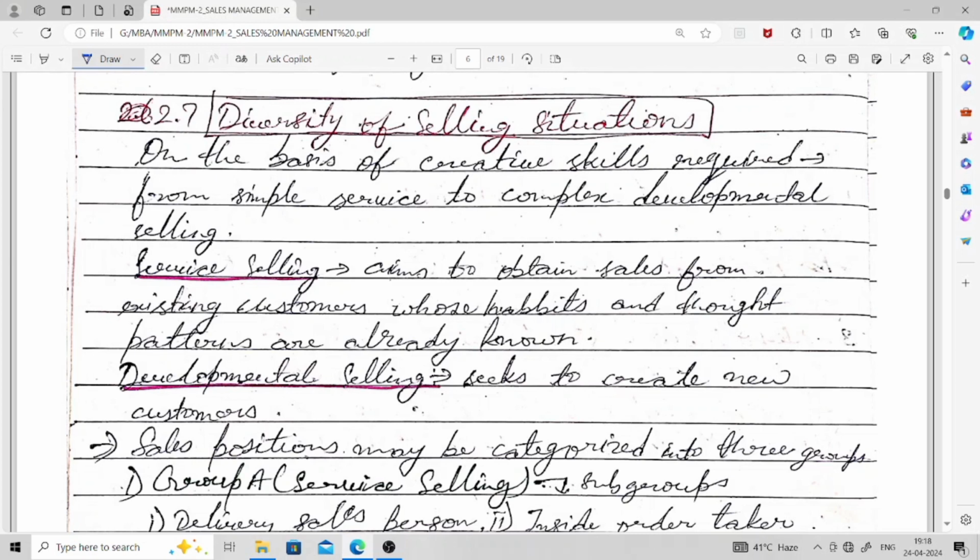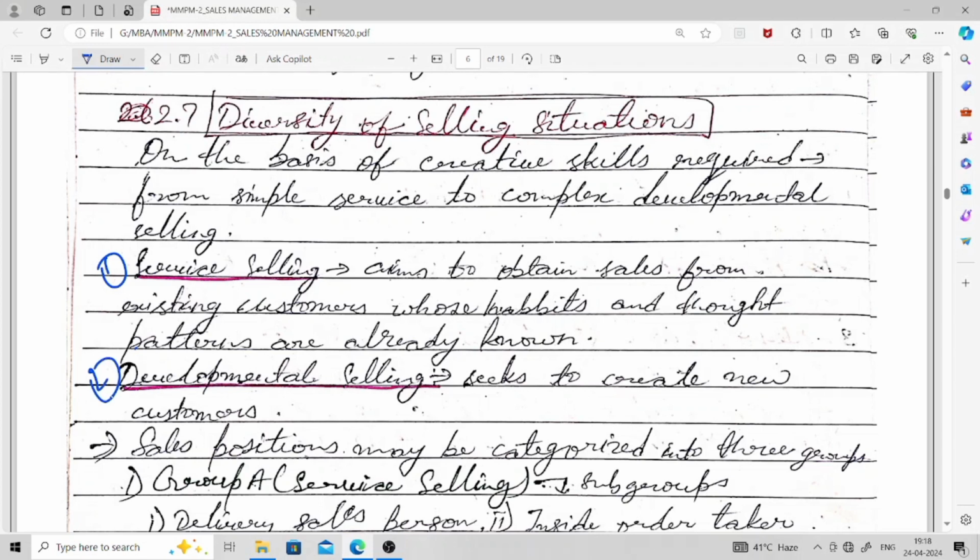The first is service selling, which aims to obtain sales from existing customers, whose habits and thought patterns are already known.